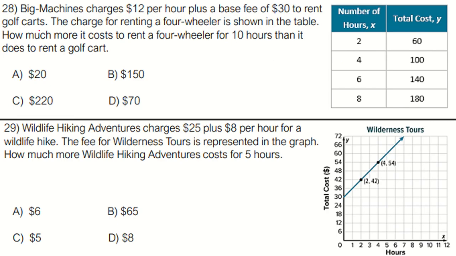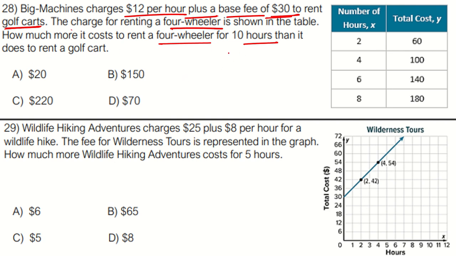Now next is, Big Machines charges $12 per hour plus a base fee of $30 to rent a golf cart. You see, there are two things in this question: one is a golf cart, another is a four-wheeler. The charge for renting a four-wheeler is shown in the table. How much more does it cost to rent a four-wheeler for 10 hours than it does to rent a golf cart?